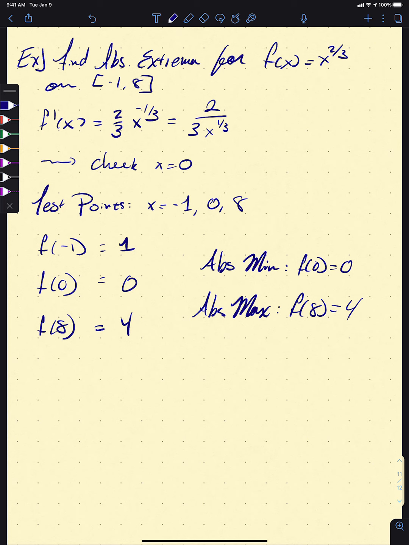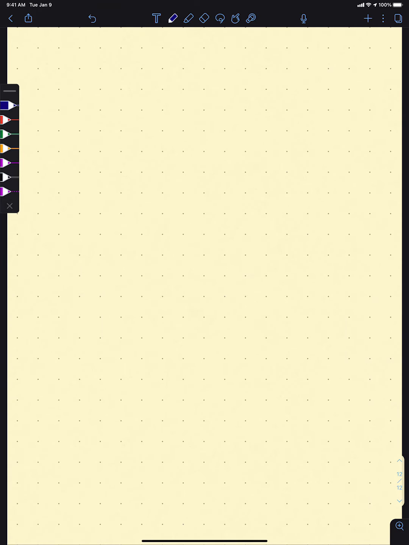A farmer might be able to find some relationship between amount of fertilizer used and crop yield. Well, then obviously you want to maximize that. These problems are known as optimization problems. You're trying to optimize some quantity.